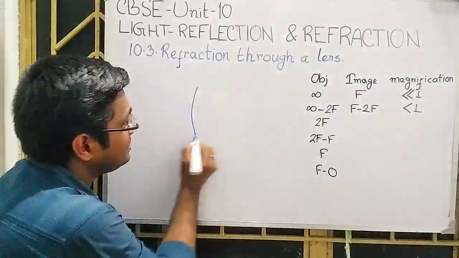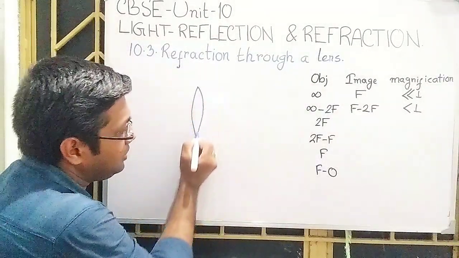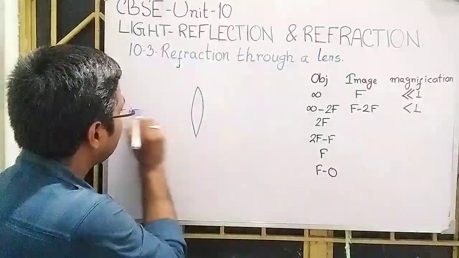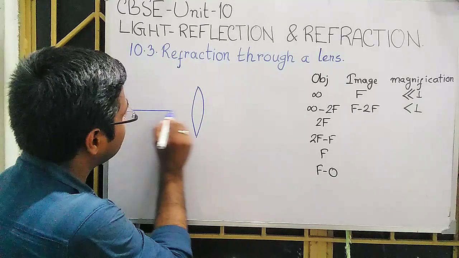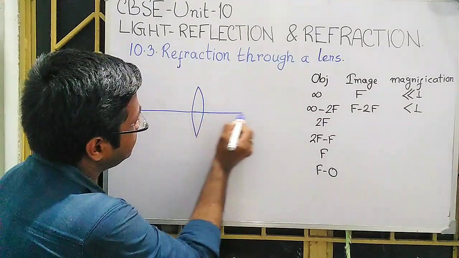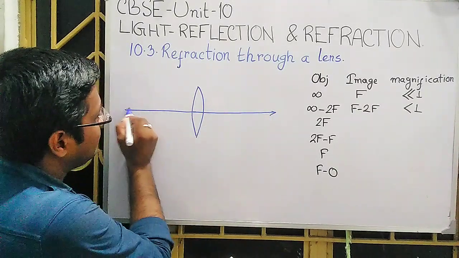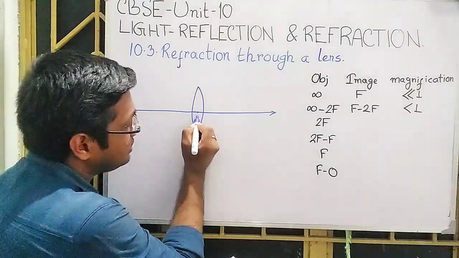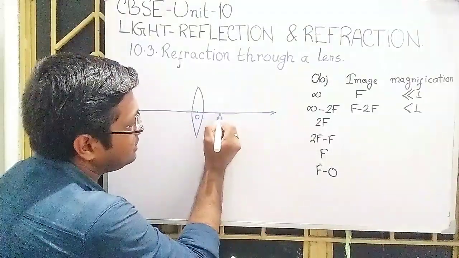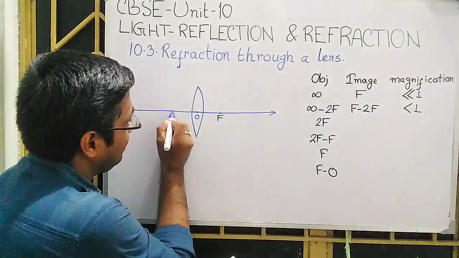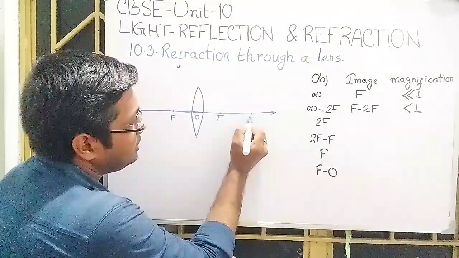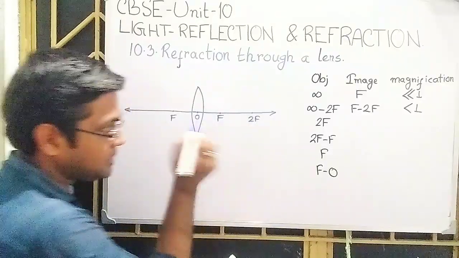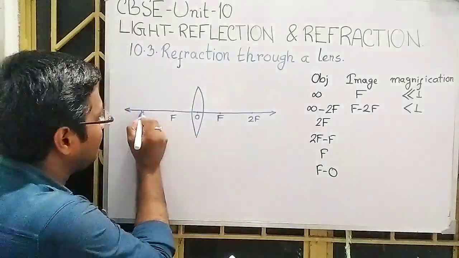This diagram has to be drawn very carefully, and please try to draw it using a pencil and scale with proper arrangement, taking the lens and F on both sides of the optical center, in the same way. In all of the diagrams you have to follow the same thing, but especially in this diagram.